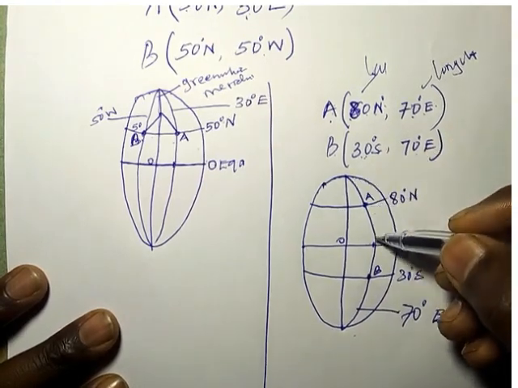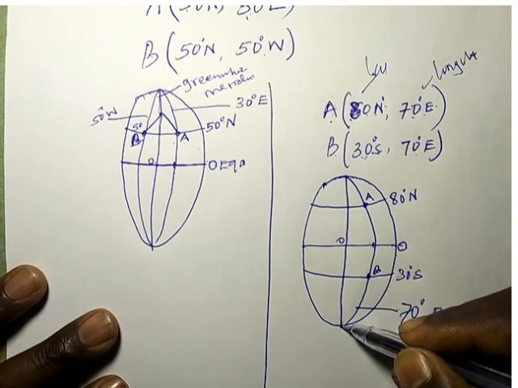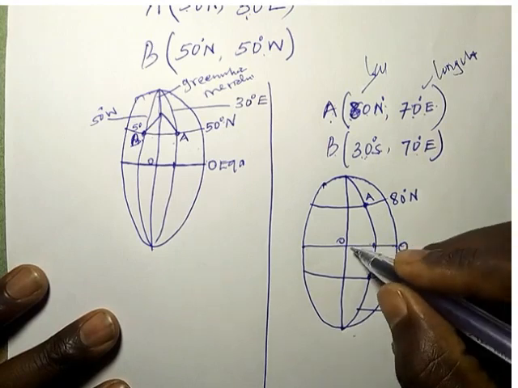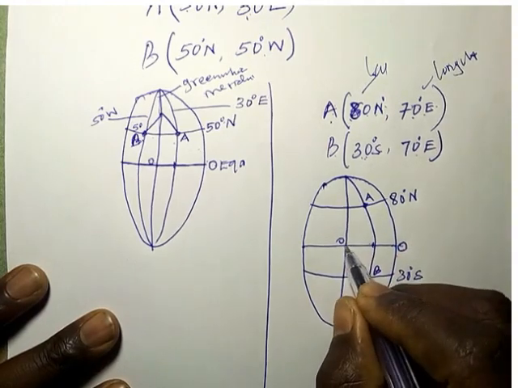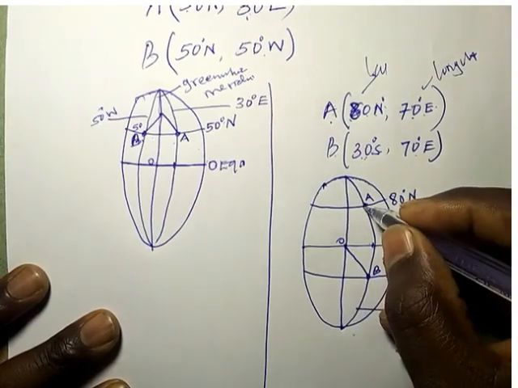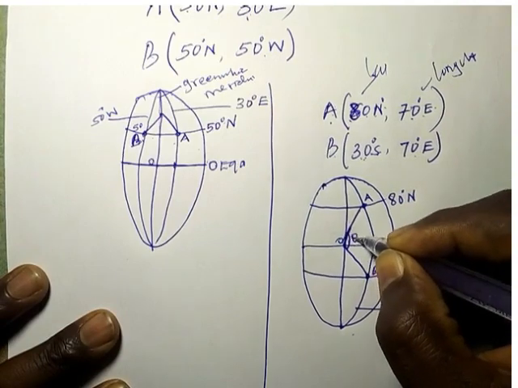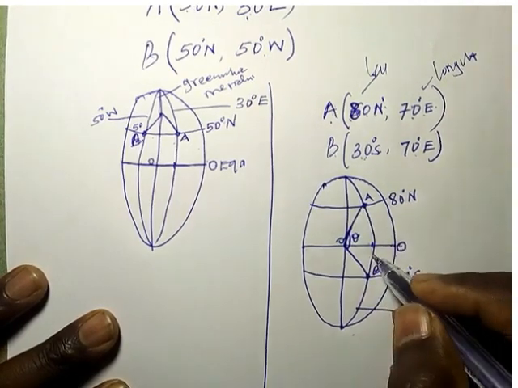Because all longitudes are great circles, it means that the angle subtended at the center of the earth will be where the equator and the Greenwich meridian meet. So their center will be here. The angle subtended at the center is this angle.